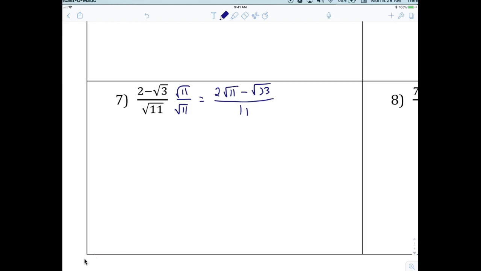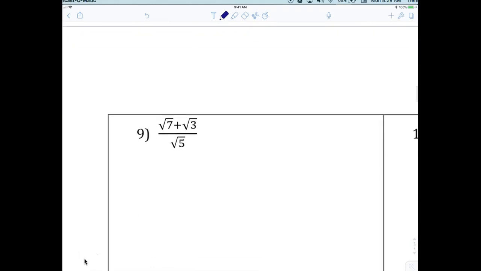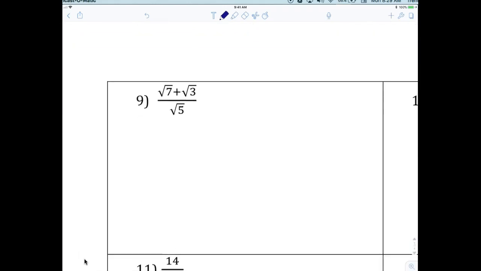Everybody agree? It is. Come on, that's easy. All right, very easy. All right, let's try another one. Multiply the top and bottom by what? Radical 5. Radical 35 plus radical 15 over 5.